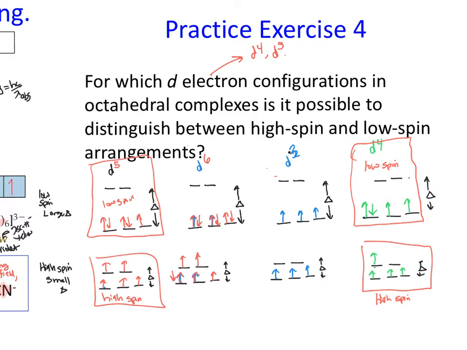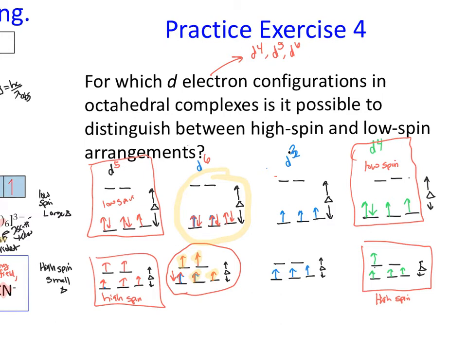So in D6, I can distinguish between high spin and low spin. For high spin for D6, I have 4 unpaired electrons. And for low spin with D6, I have 0 unpaired electrons.